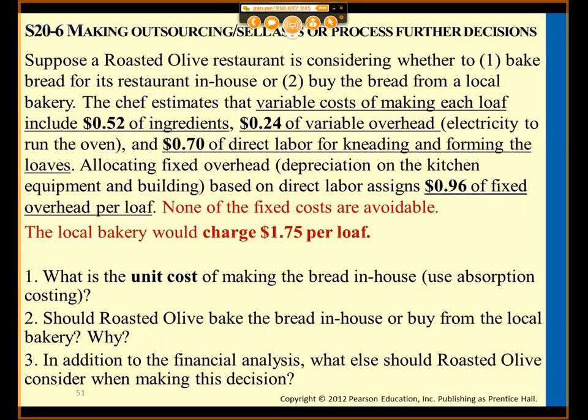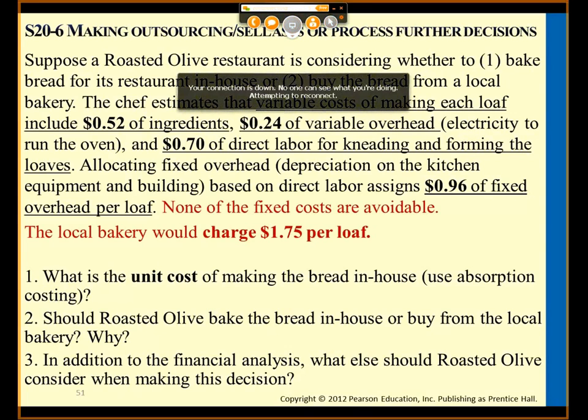Now, if you outsource that to the local baker, it's $1.75 per loaf. So you want to answer the question. Question 1 is first that we're going to do. What is the unit cost of making the bread in-house? And let's use absorption costing. But we did an exercise, so that should be clear.